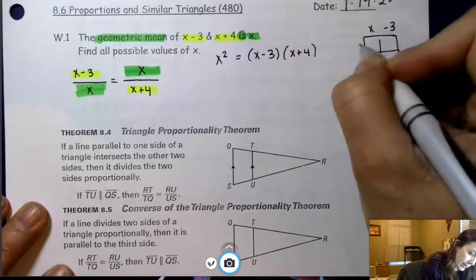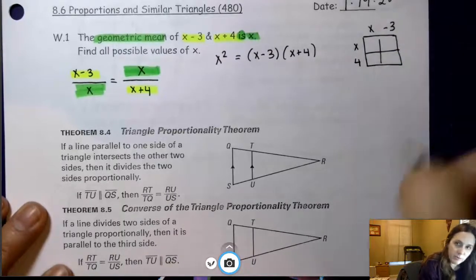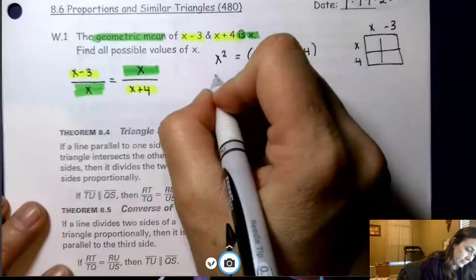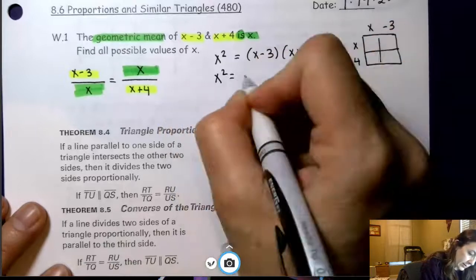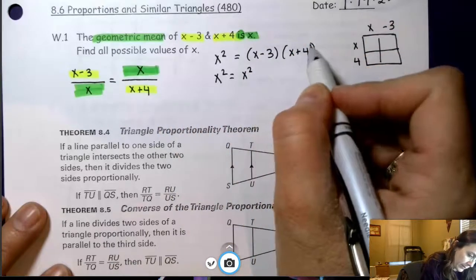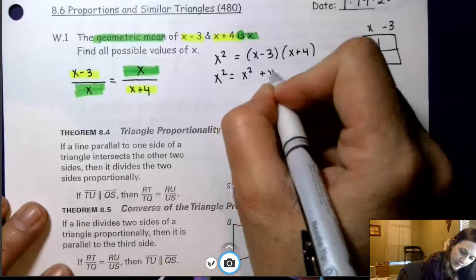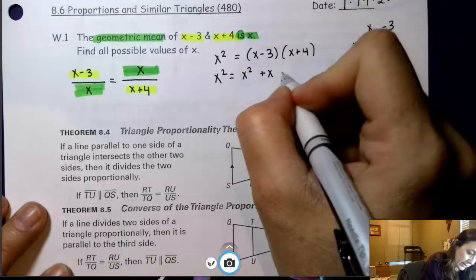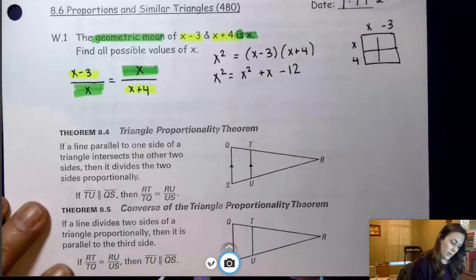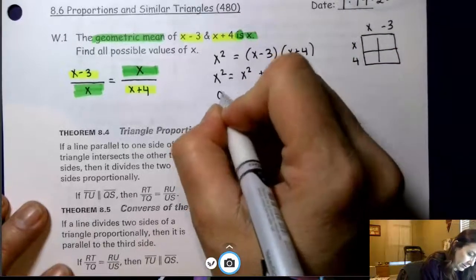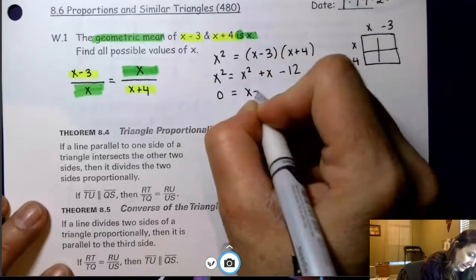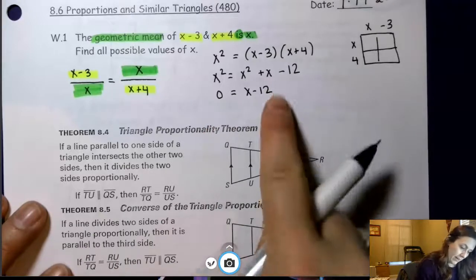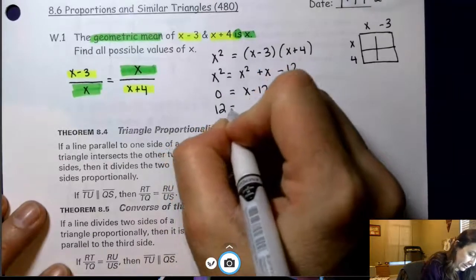X minus 3, x plus 4, and you multiply it to get all the terms. X squared plus 4x minus 3x will give me plus x in the middle. Negative times a positive will give me negative 12. I'm going to subtract this over, end up with 0 equals x minus 12, and add this over, end up with x equals 12.